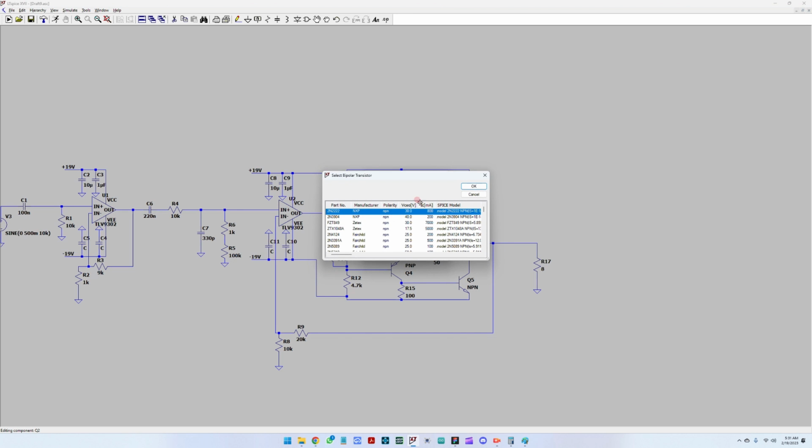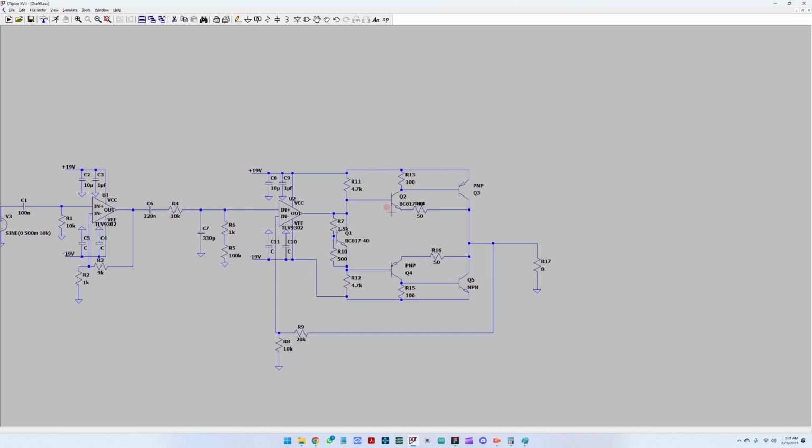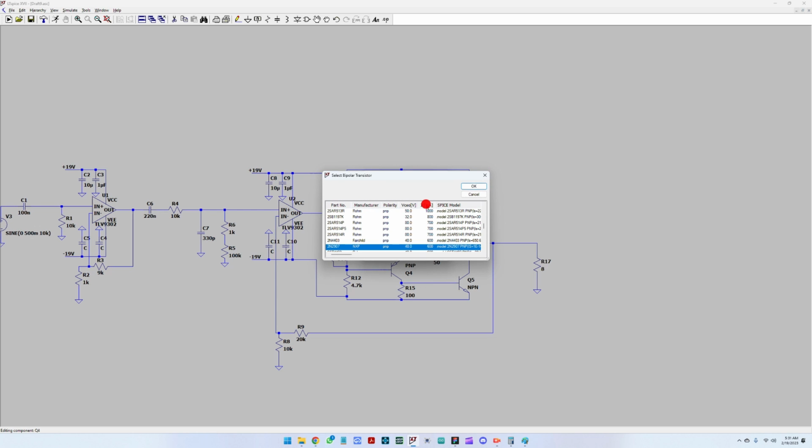As I said, I really like these BC8 transistors. So let me see if I can find the 870-40. This one, and the equivalent for this is 870-40.